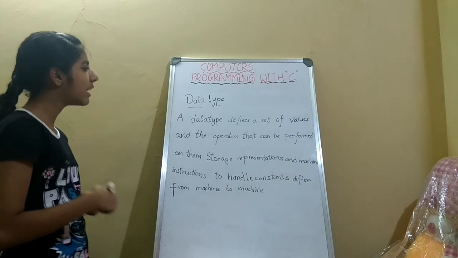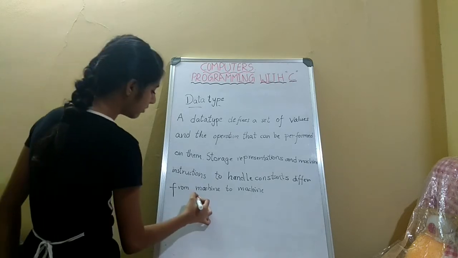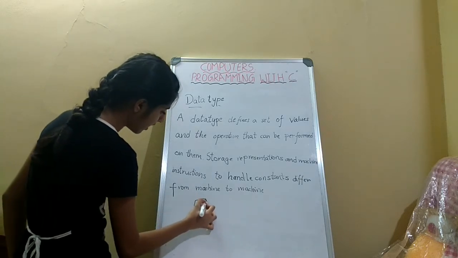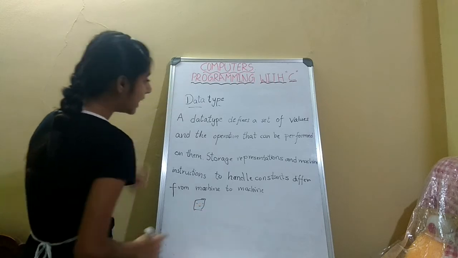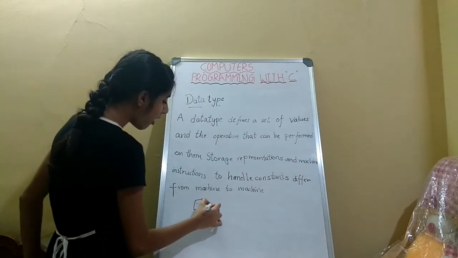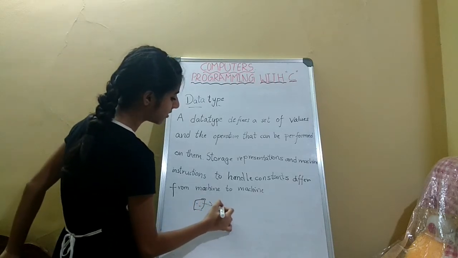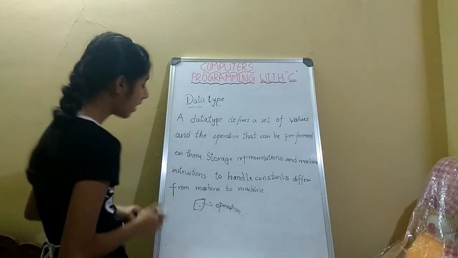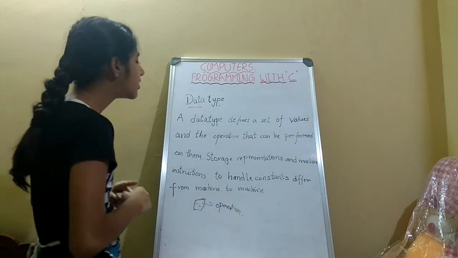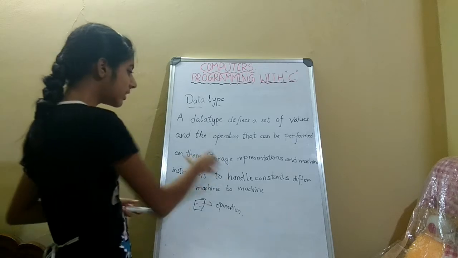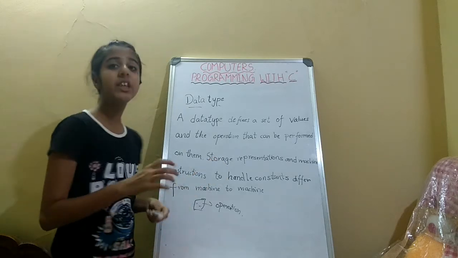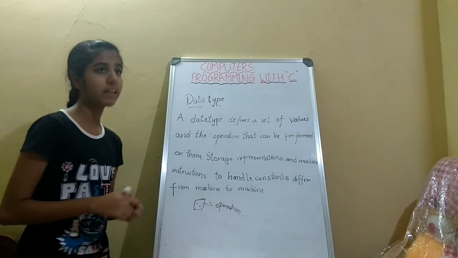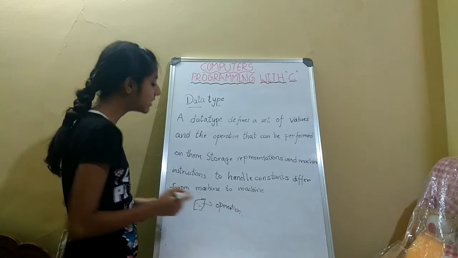So our data type is a set of values. Think of this as a set of values. This performs operations. This stores the machine instructions. Whatever instruction the machine gives, it stores it.